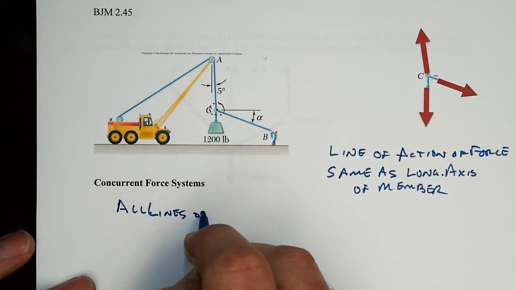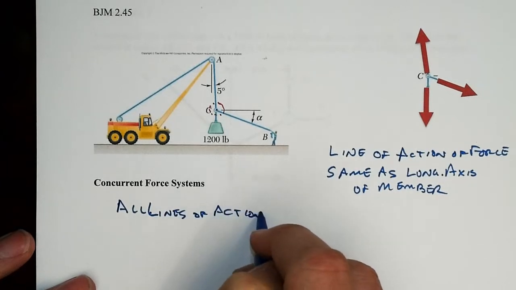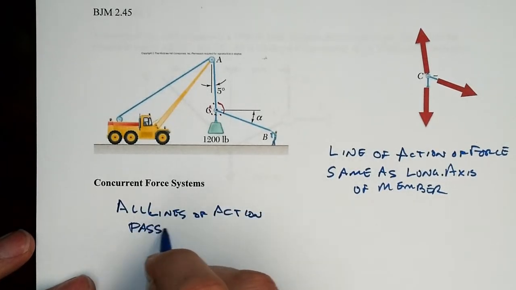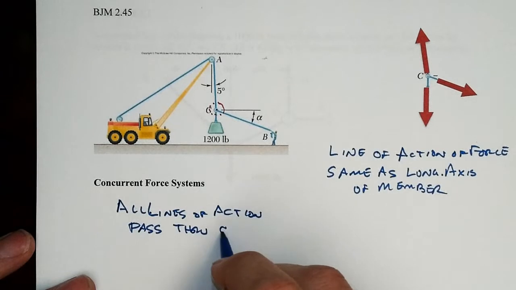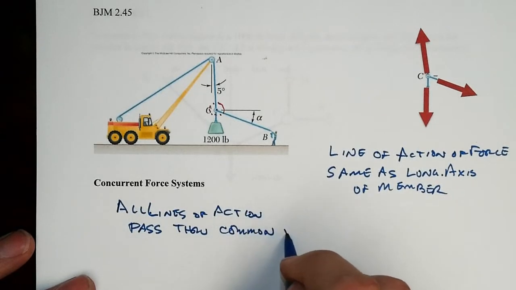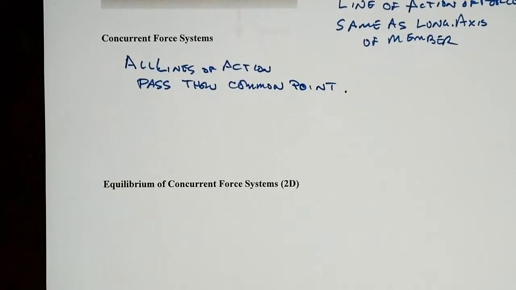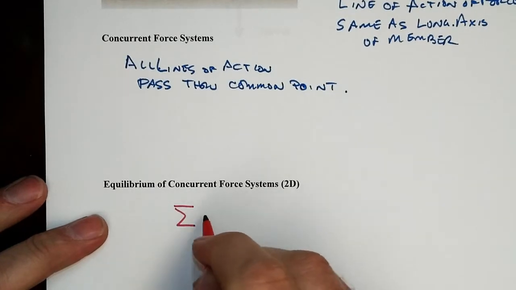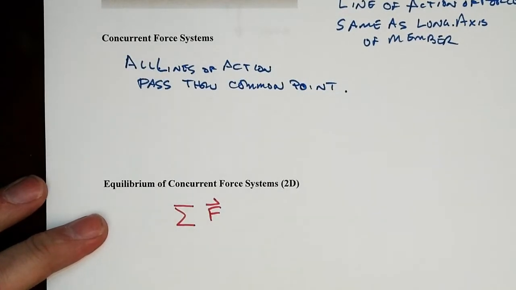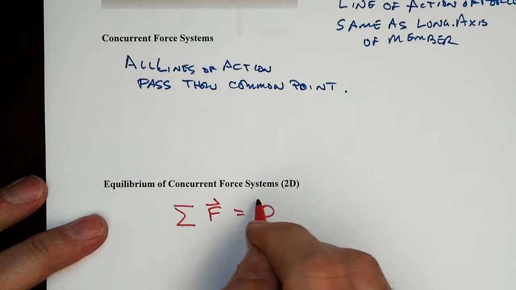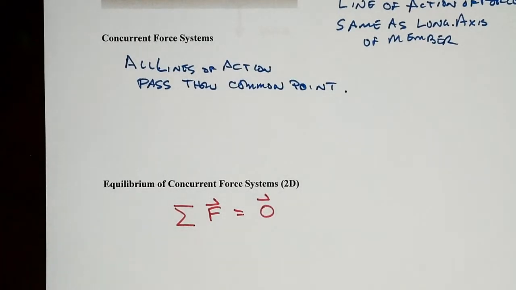And when that is the case, our statement of equilibrium is that the sum of all of the forces as force vectors is equal to zero. We have no acceleration anymore.